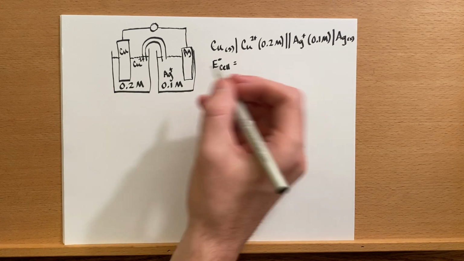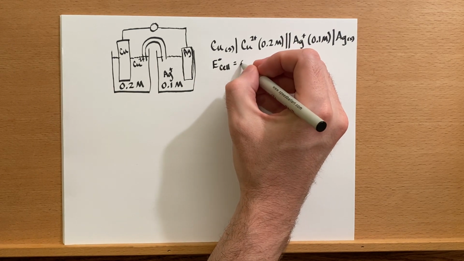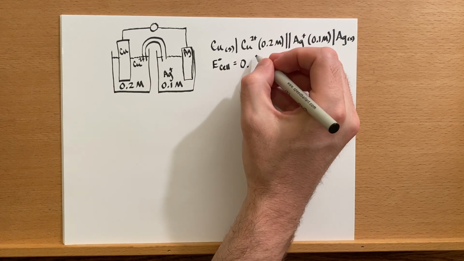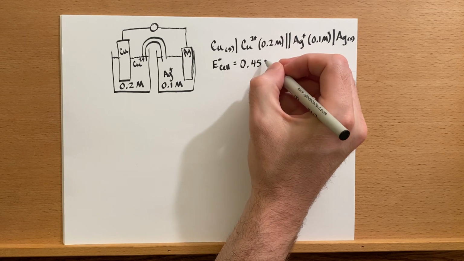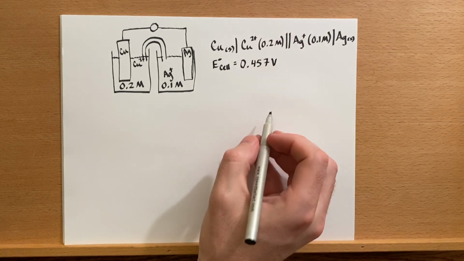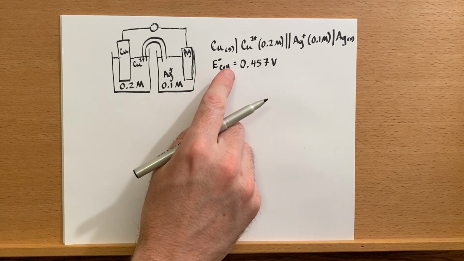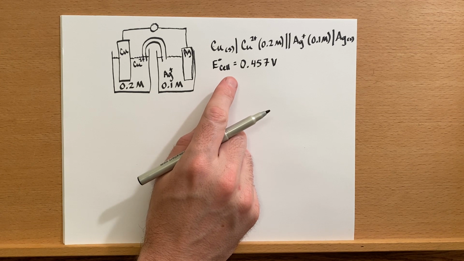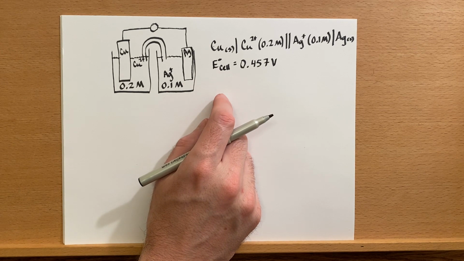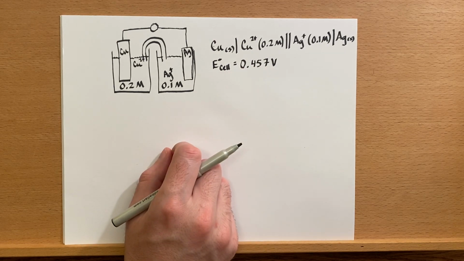There's a couple of different ways of using the Nernst equation, but I'm just putting it up here for reference. So we calculated that by simply taking the standard reduction potential for silver, subtracting the standard reduction potential for copper, and this is what we get.